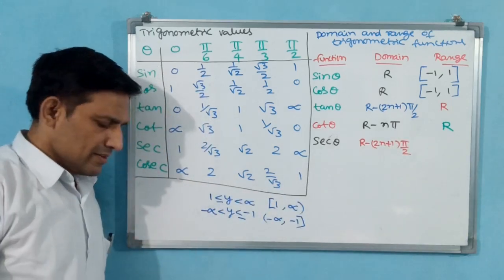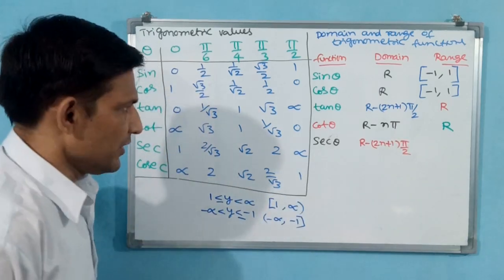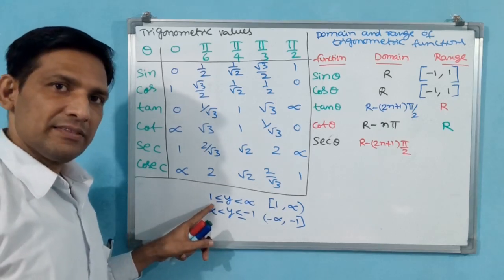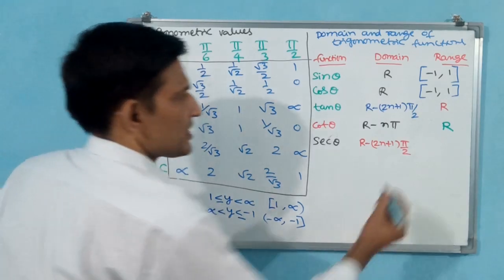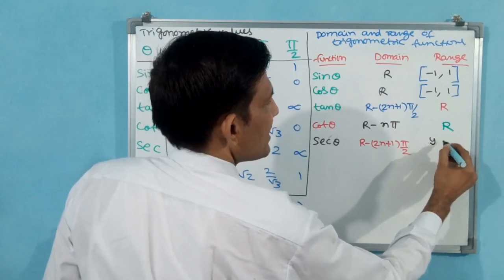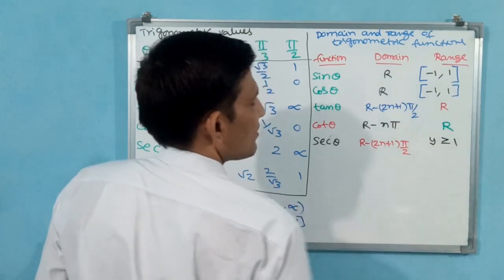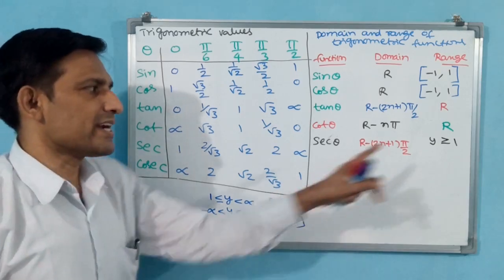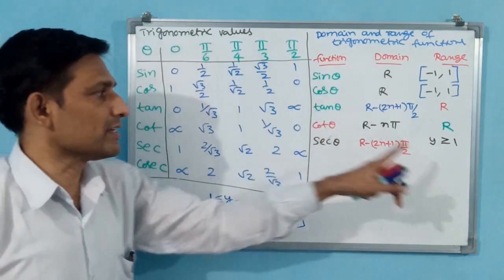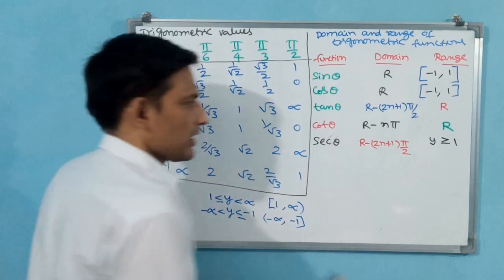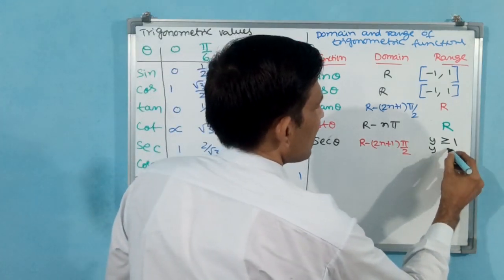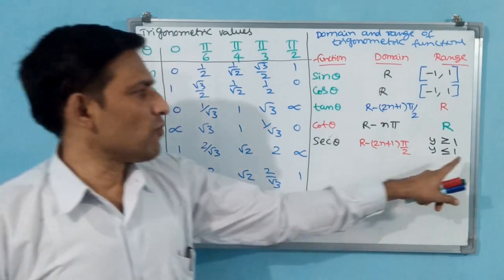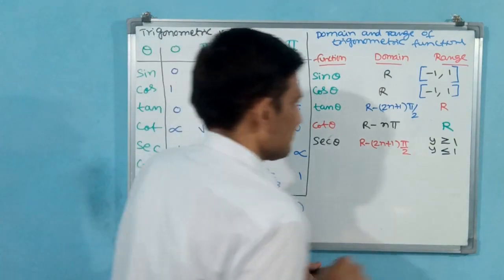But simply, see how I am writing. Greater than 1 but up to infinity. Shall I write like this? Y is greater than or equal to 1. I have not given any control. Greater than 1 means it is up to infinity. That's all. Another one, y is less than or equal to minus 1.